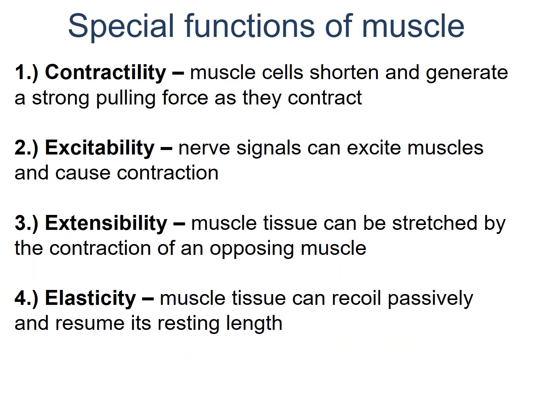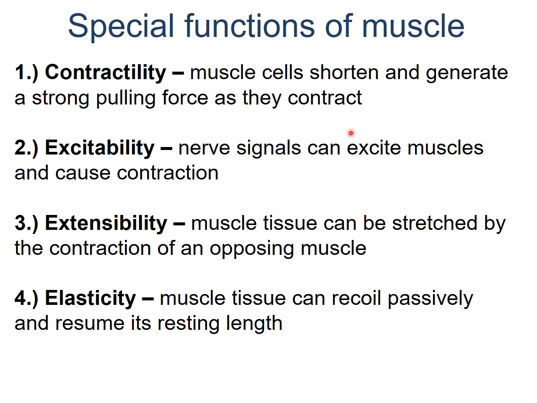All right, guys, so there are also 4 different special functions of muscles. Some of these we talk about a lot in this chapter, others not so much. The first special function is contractility. Here muscle cells shorten and generate a strong pulling force as they contract. We spend a lot of time in this chapter discussing the physiology of contractility, so you may want to put a star beside this function because it's going to be important.